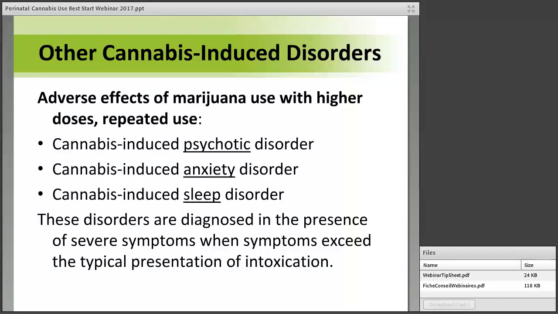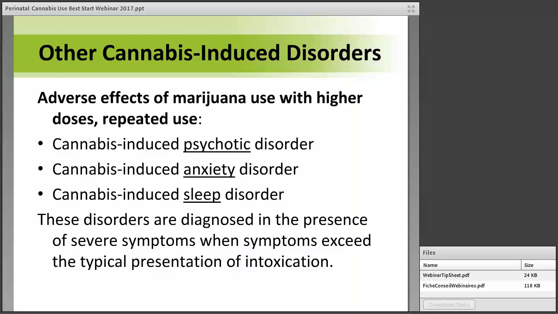There's also other cannabis-induced disorders that are actually worrisome. So individuals who use more regularly are at higher risk of developing cannabis-induced psychotic disorder, anxiety disorders, and sleep disorders. This is from data based on large prospective studies that have found these associations with cannabis use.